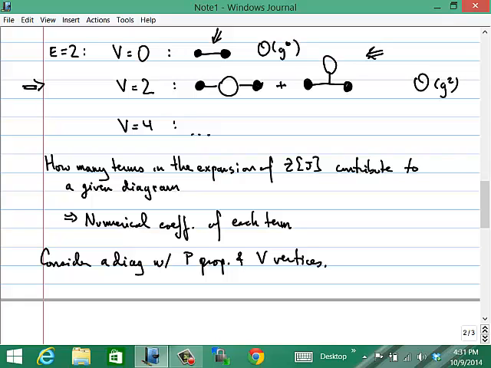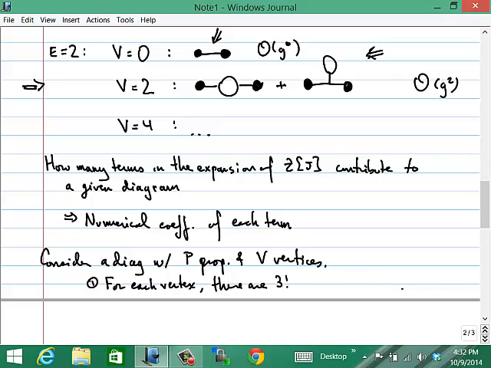So that comes from some term in that expansion for z. Okay. And the basic idea is that for each vertex, there are three factorial possible different ways that we could rearrange.